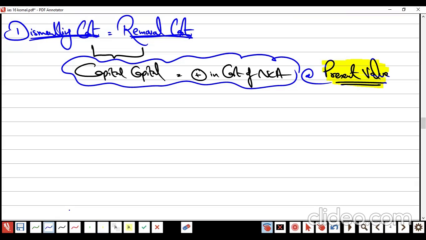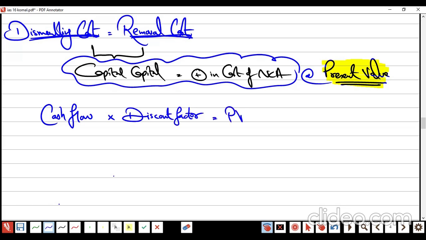The present value will be calculated as follows: you will have the cash flow, the removal cost, meaning the actual amount. You will multiply it with the discount factor. With what will you multiply it? The discount factor. You will get the present value. Now, the cash flow will be given, and the present value will appear. The problem is the discount factor, right or wrong?